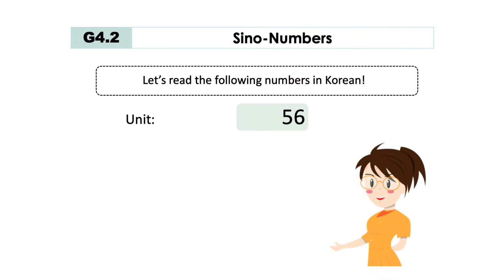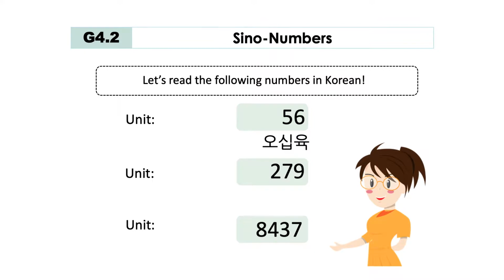Okay, let's try some more exercises. So it should be 56. And then now get into 3-digit numbers. 279. That's how you read 3-digit numbers. And if you have 4-digit numbers, you use 1000, right?